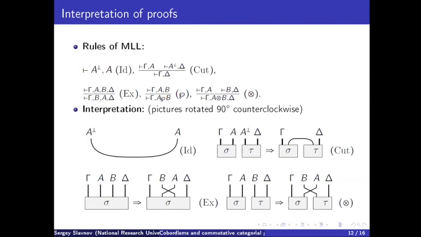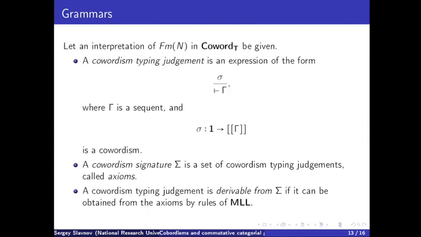Okay, so this is the interpretation of multiplicative linear logic, and if you want to define a kind of logic grammars, we add a set of non-logical axioms, so to say. So what can be a non-logical axiom in this setting?